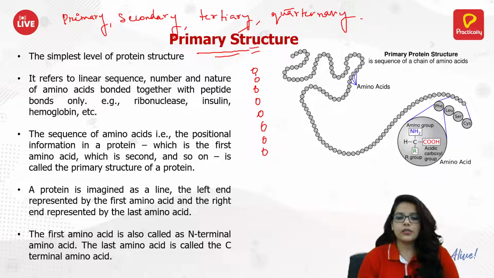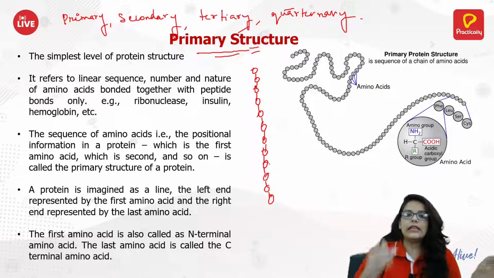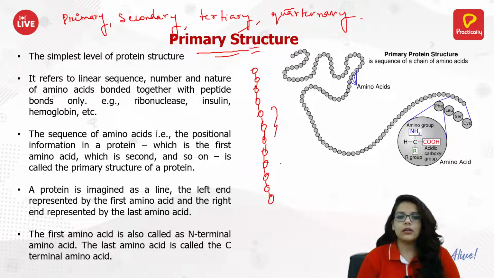They'll be linked with each other with the help of peptide bonds, suppose these are peptide bonds, just one after the other, one after the other. That's all. So this is a linear sequence, one after the other with the peptide bonds.